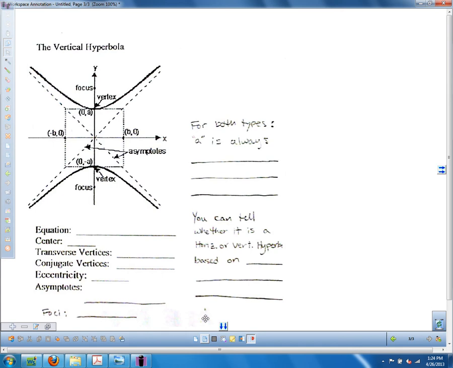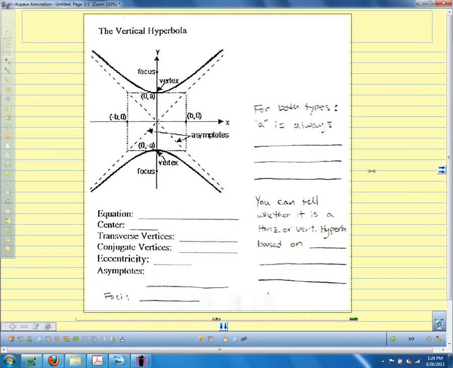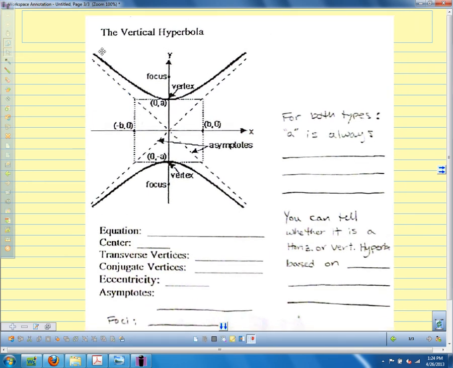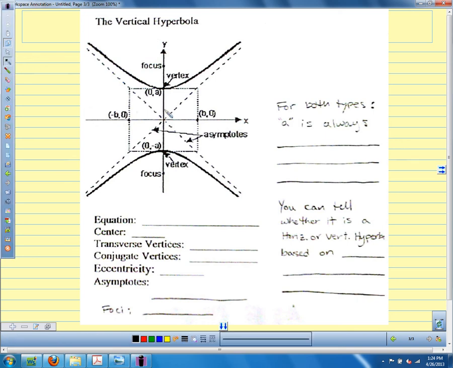All right, so there's the right side of your note sheet. So for a vertical hyperbola, a hyperbola opens up and down rather than side to side. So our equation is going to look almost exactly the same, except the part with the minus sign switches.